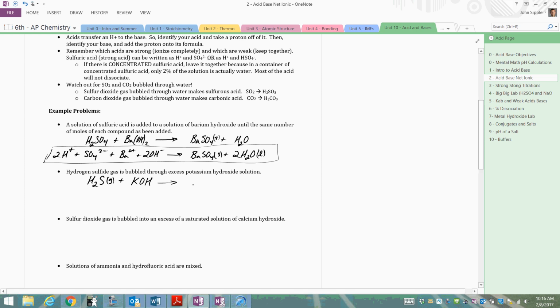We end up with K2S and H2O. Because hydrogen sulfide is a gas, we're going to write that guy and leave it together. KOH is a strong base, so we break that into its ions of K plus and OH minus.